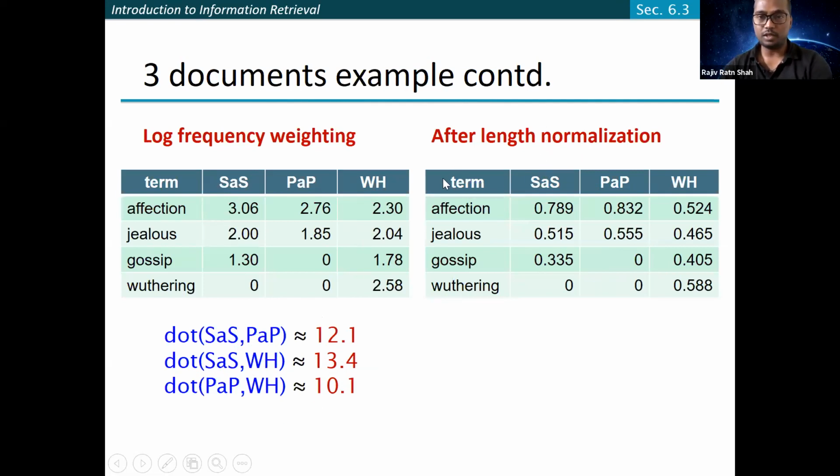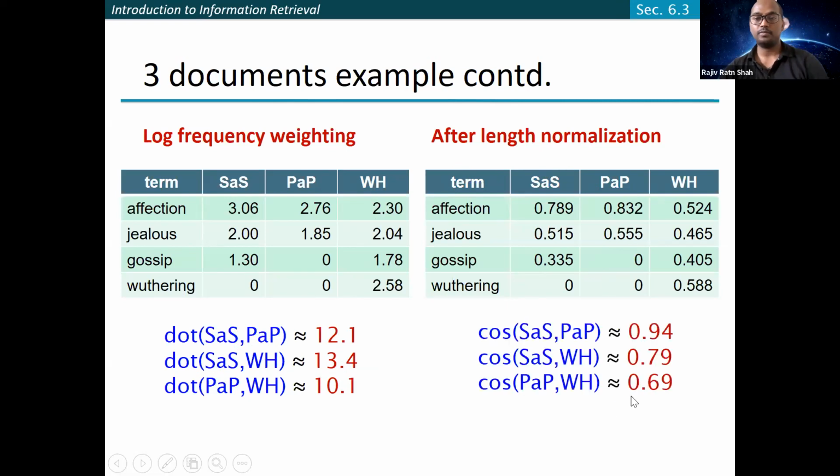But after the length normalization, if you see the cosine similarity, the cosine similarity between SAS and PAP is highest, which we were expecting, as compared to SAS and WH and PAP and WH, because since they are from the same author, we were expecting to have the highest similarity, and this is somehow depicted by the cosine similarity.